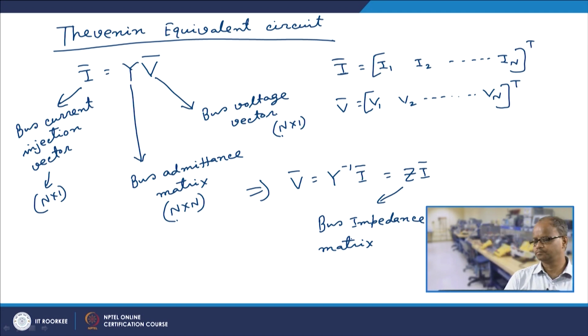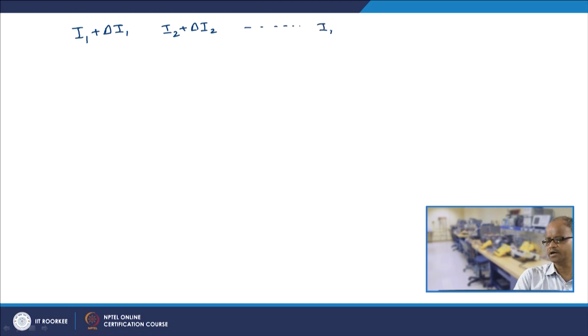Suppose due to some reason this vector I is being perturbed by a vector delta I. That means the injected current at bus 1 is perturbed from I 1 by delta I 1. Similarly, the injected current at bus 2 is perturbed by delta I 2, and so on, and the injected current at bus n is perturbed by delta I n.